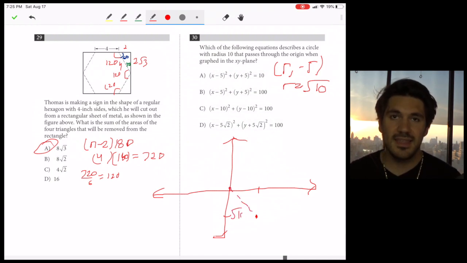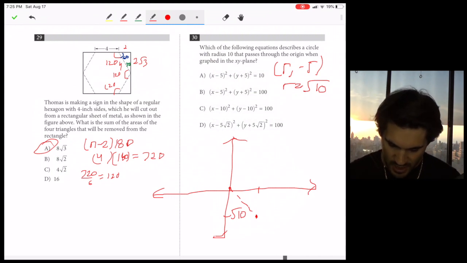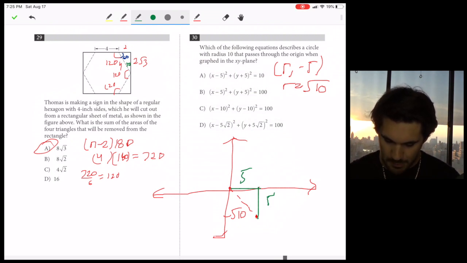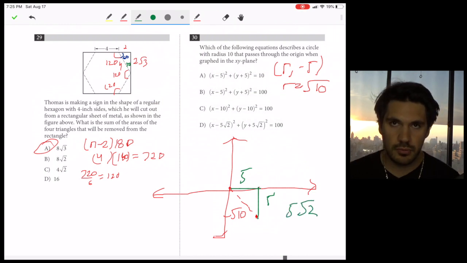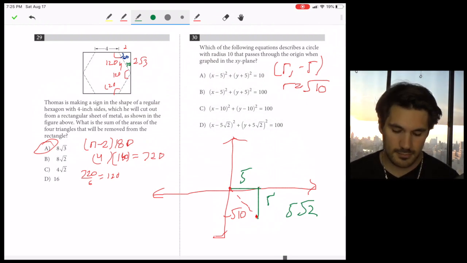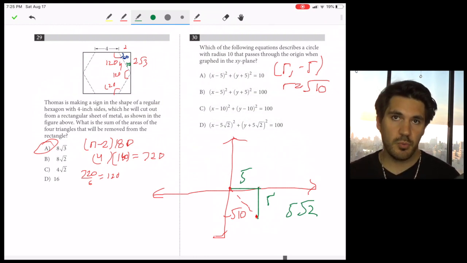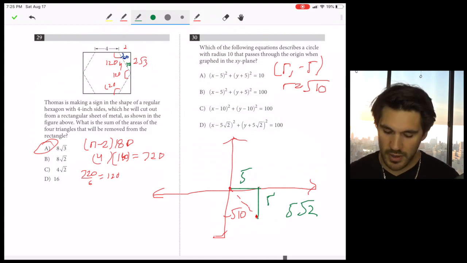The problem is, this isn't possible, because if this is 5 and this is 5, if you did the Pythagorean theorem on this, you would end up getting a hypotenuse of 5 root 2. And 5 root 2 is not equivalent to root 10. So the answer choice for which the radius matches up with what the hypotenuse would be is the correct answer.